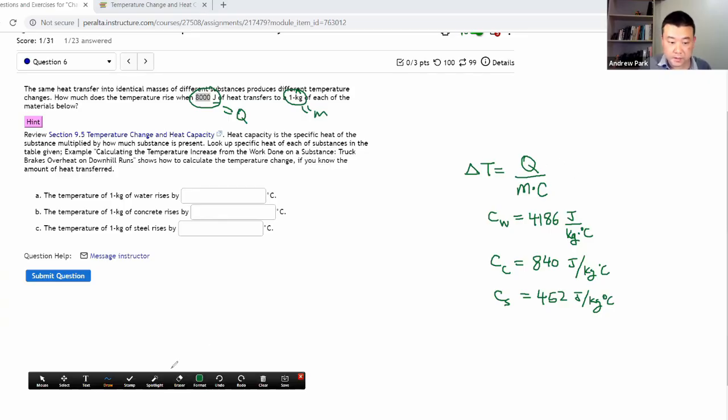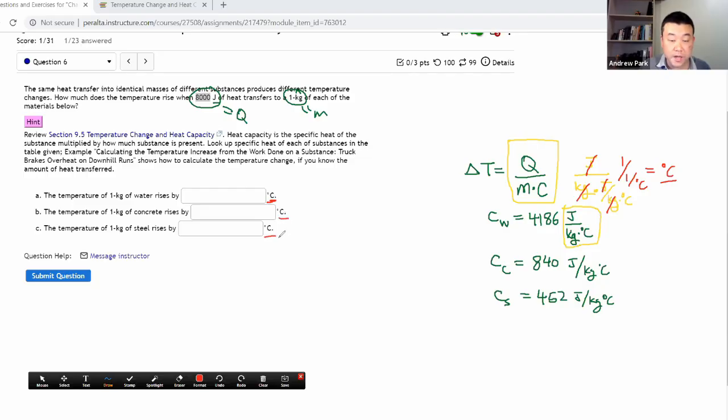And you can see kind of staring at this expression here, if you are putting in the units of joule for heat, divide by the kilogram for mass, and you use the unit given here for the specific heat capacity, joule per kilogram times the degrees C, then you see joule cancels joule, kilogram cancels kilogram, and I have 1 over degrees C, and this is equal to degrees C. And that's the unit that I'm answering in.